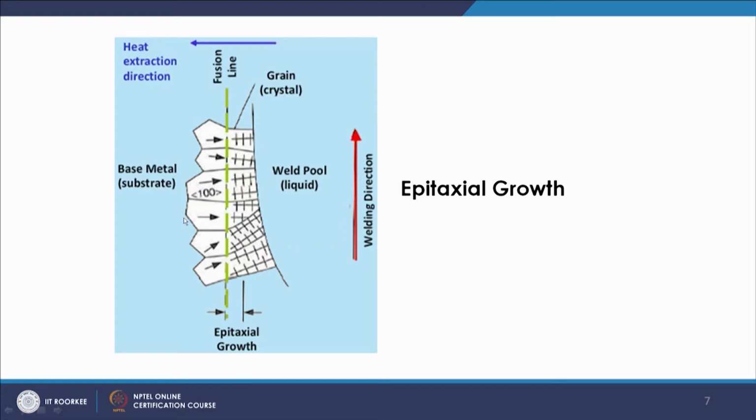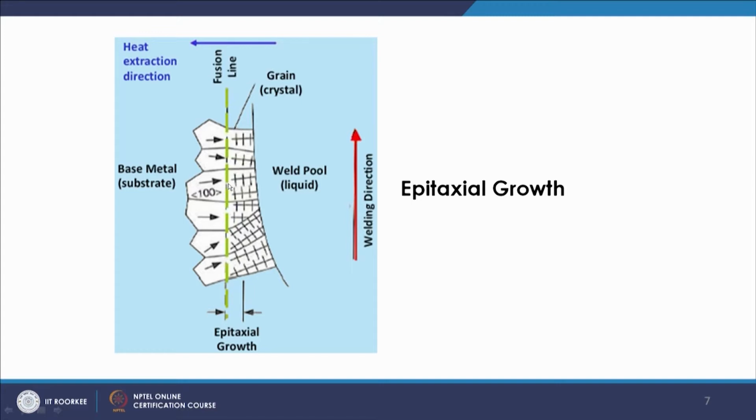This is the base metal. From here the metal will grow in a particular direction. This is the weld pool, and this is the fusion line, and this is the partly melted region.